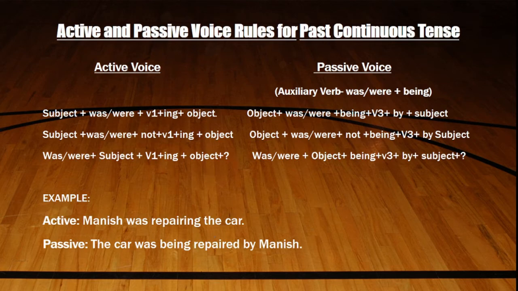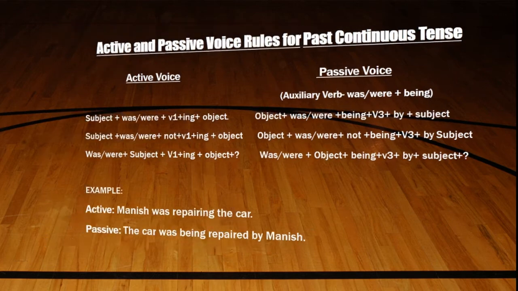And not to forget the question mark, because then it doesn't become a proper interrogative sentence. And here if we look at the examples, it's like Manish was repairing the car, and in the case of the passive voice it becomes like the car was being repaired by Manish.